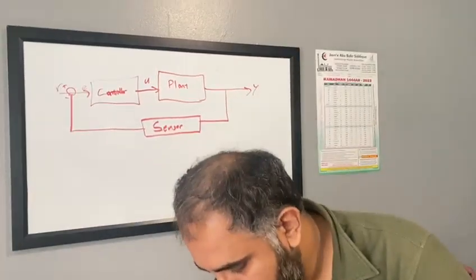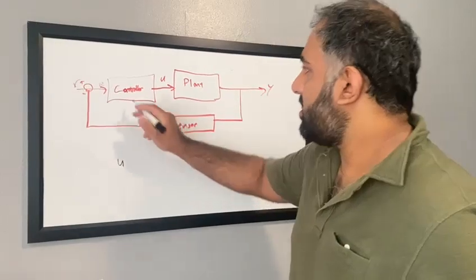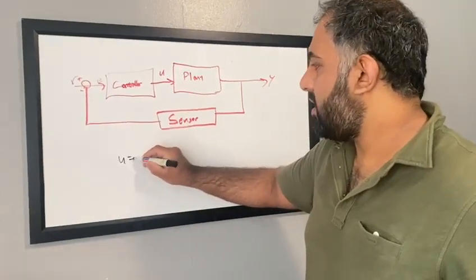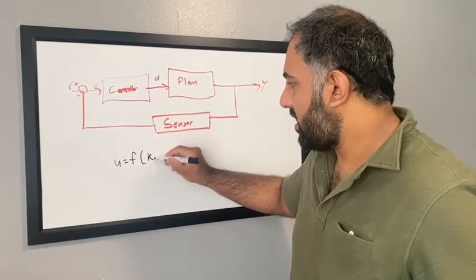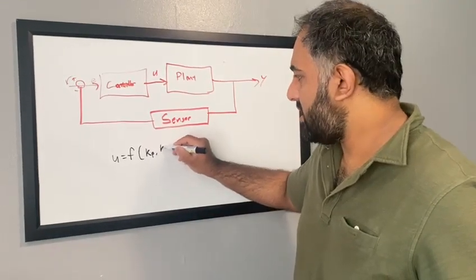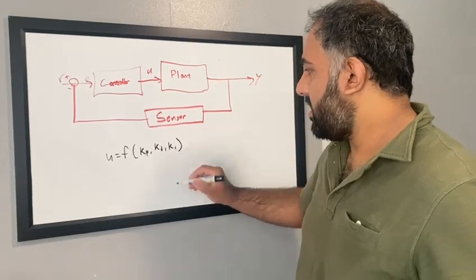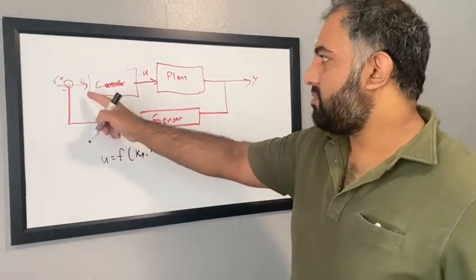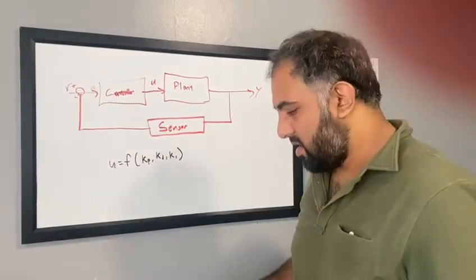But the U is the control law, and it's a function of error. In the case of a PID controller, it is K proportional, K derivative, K integral, where each term is multiplied by the error, the rate of change of the error, and the integral of the error.